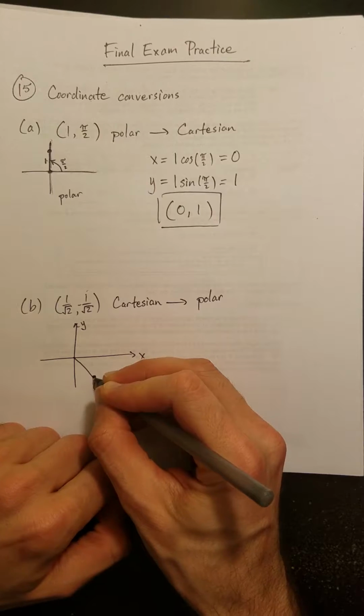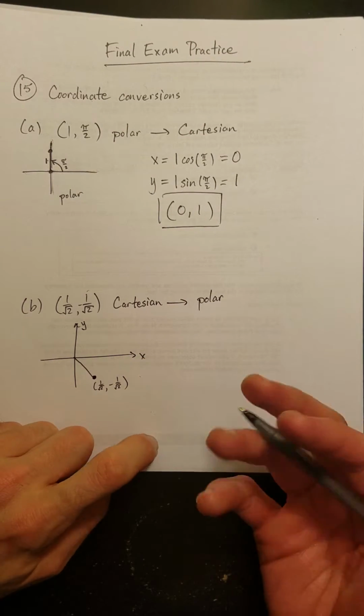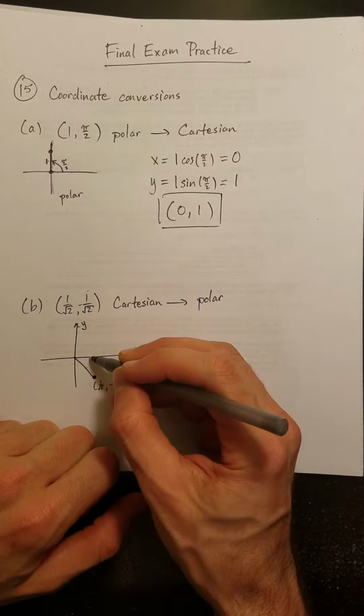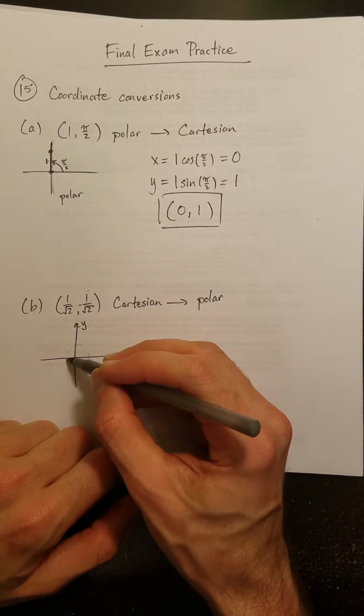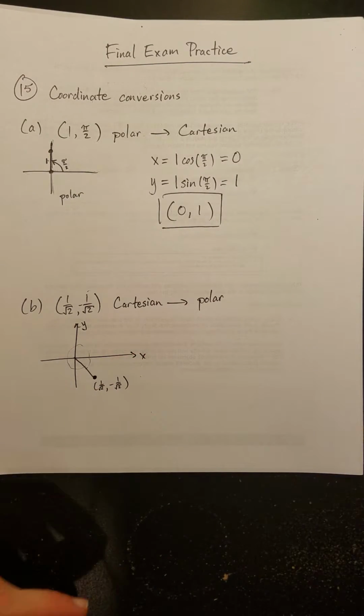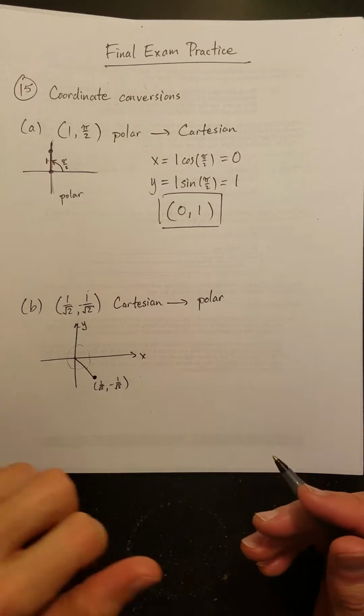All right, so we know we're down here in quadrant 4, so we know certain things about the angle. If we take a negative angle, it will be acute. If we take a positive angle, it's going to be larger than 3 pi over 2, for example. So either way, we'll know if we're dealing with the correct answer or not.